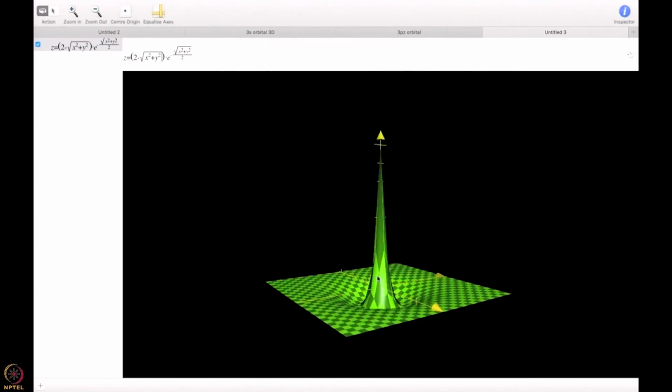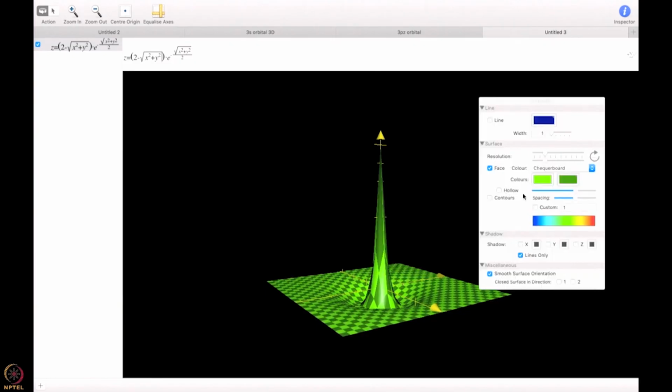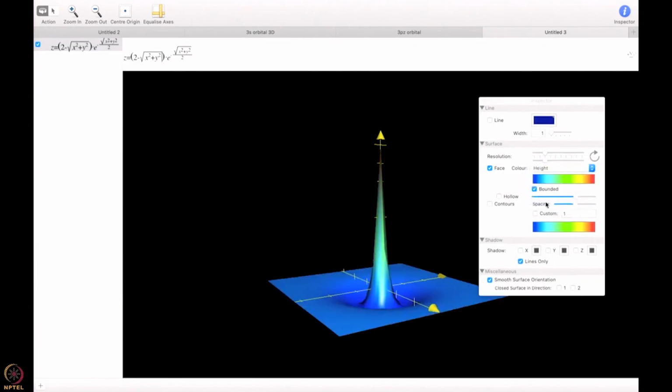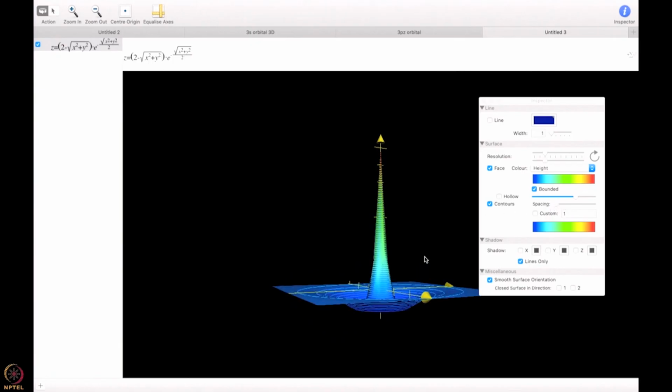This is your 2s orbital in 3D. I think you can already see the depression, but as usual we are going to color it according to height and we are also going to get the contours. Yeah. Now we got the picture that should be easy to understand.